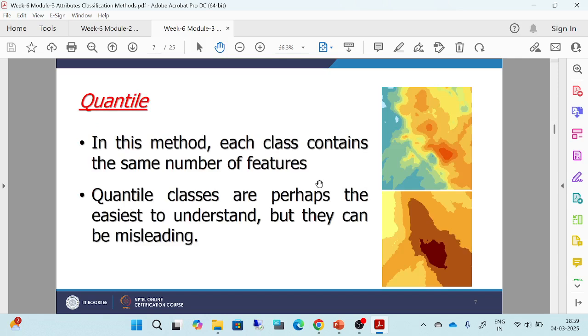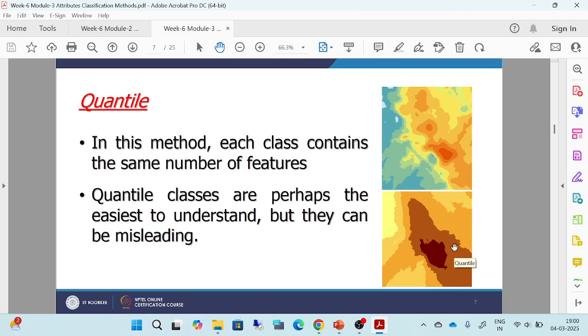Then we have the quantile classification method. In this method, each class contains the same number of features. The same elevation model has been taken here, which we had seen in equal interval. In the output, you have different classes, and these classes are basically frequency based classification.